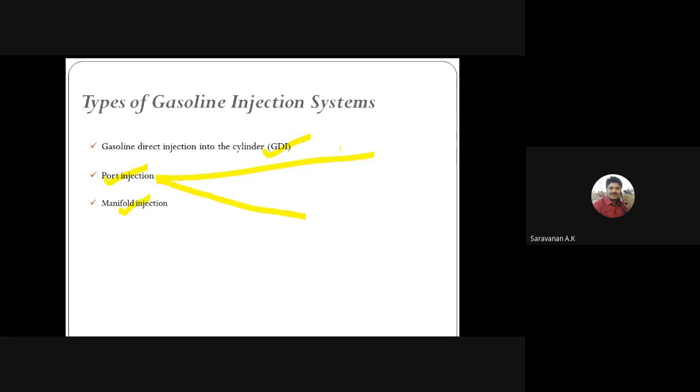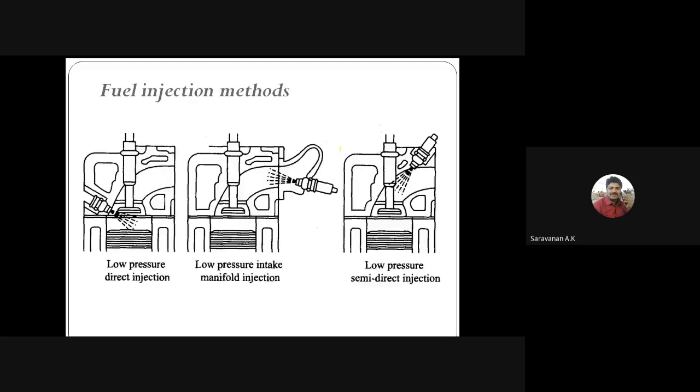In a single point injection system, we have only one or two injectors mounted inside the throttle body assembly.